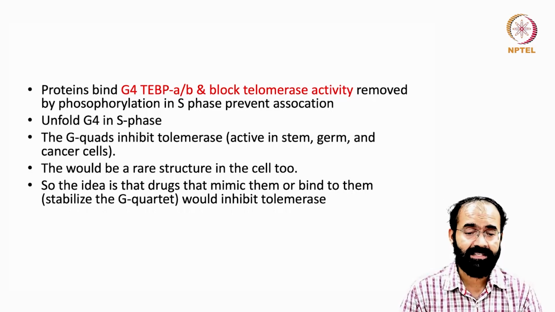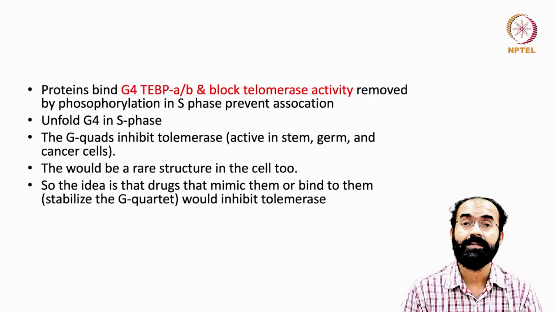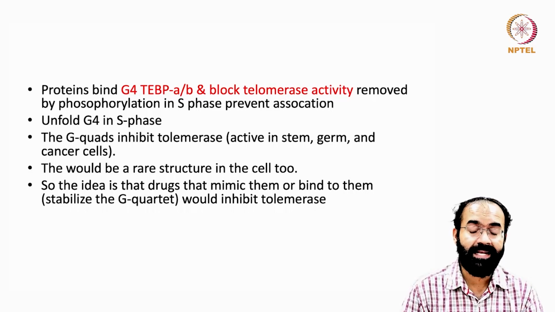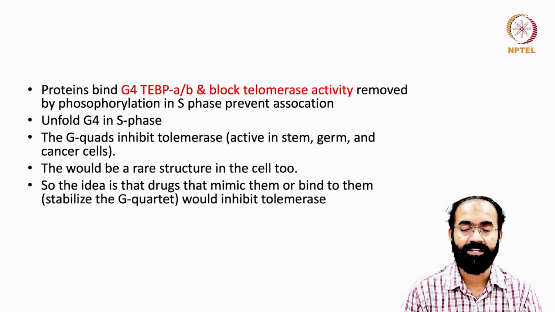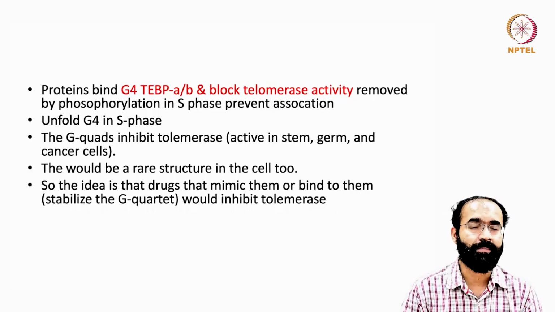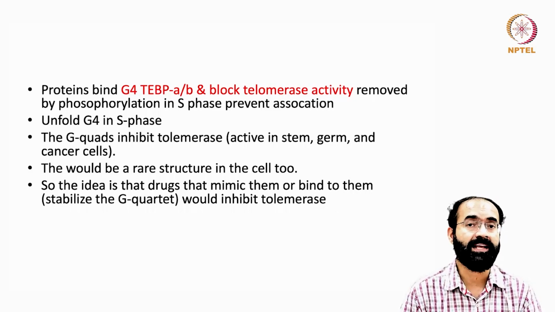So the idea is that drugs that mimic or bind to the G quadruplex and stabilize it would inhibit the telomerase activity. So some drug treatment approach can be used to kill the cancer cells.